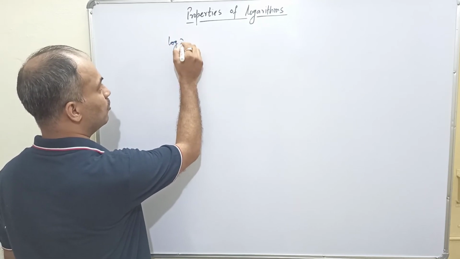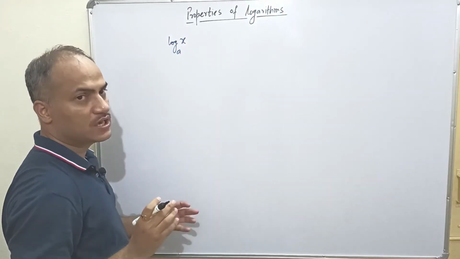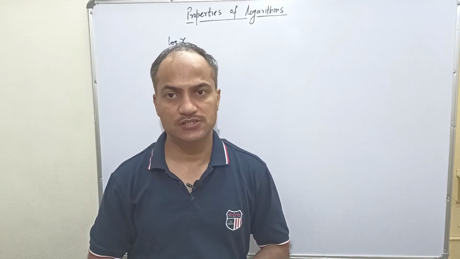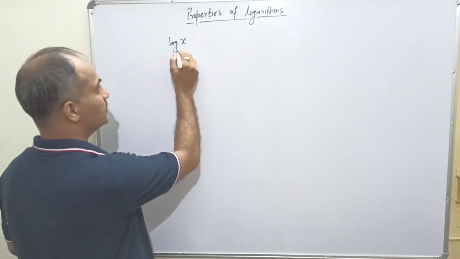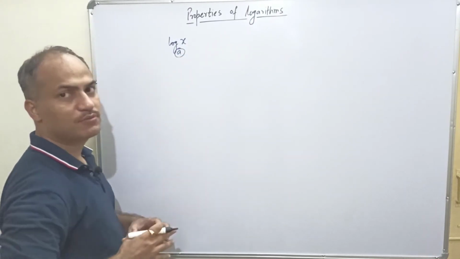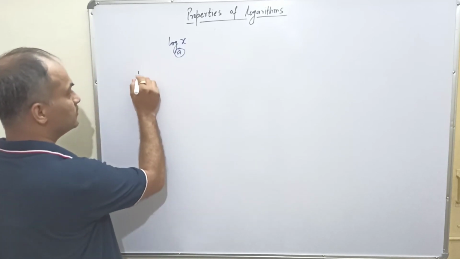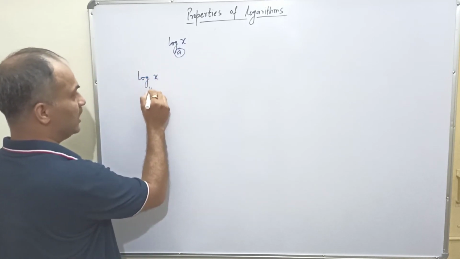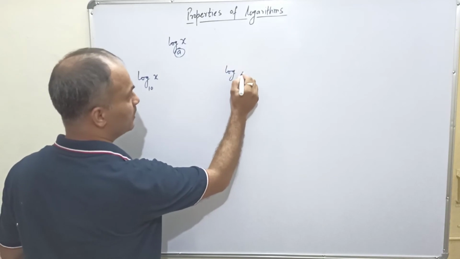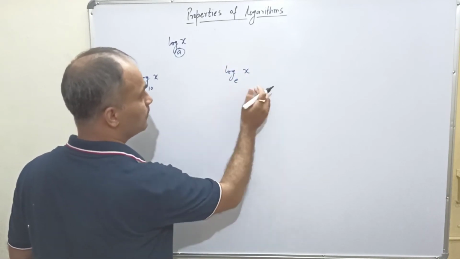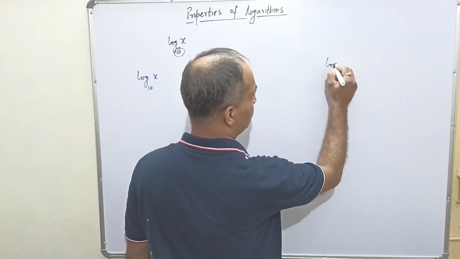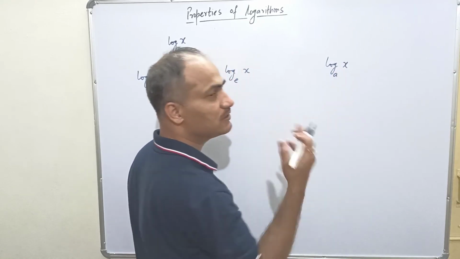Whenever we say log x to the base a, there are 3 possibilities for the base a. This base a can be 10, this base a can be the number e, and this base a can be any other real number.